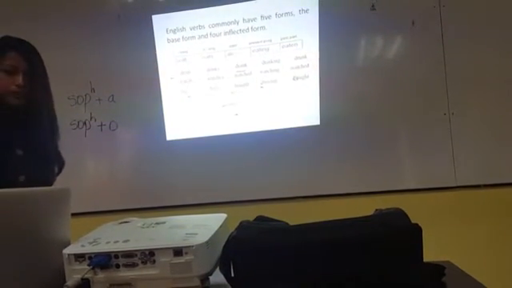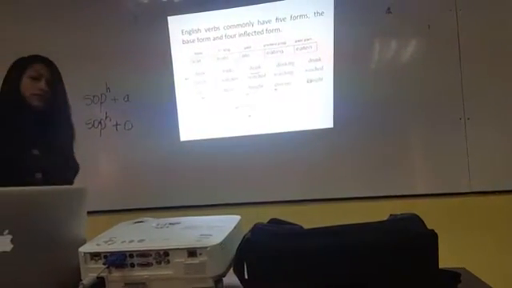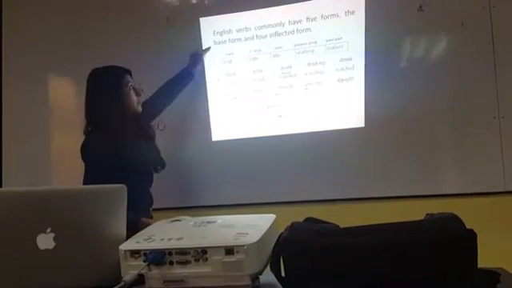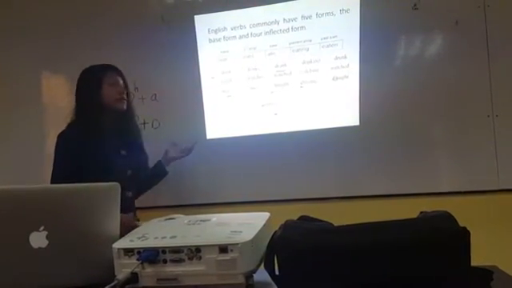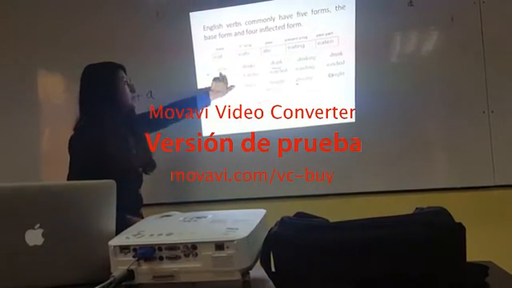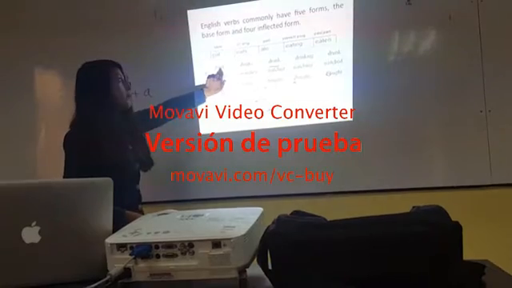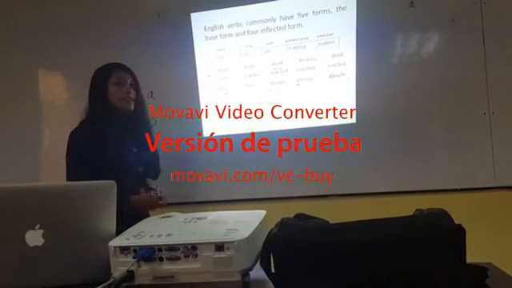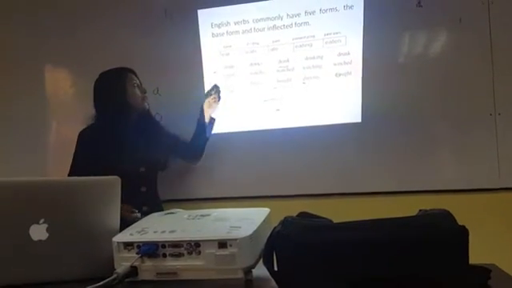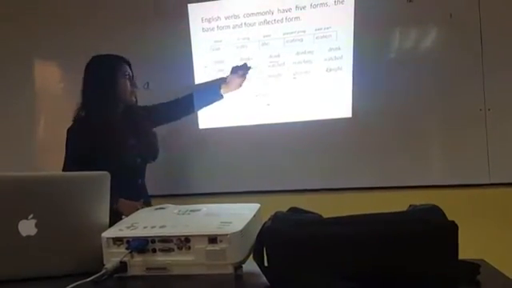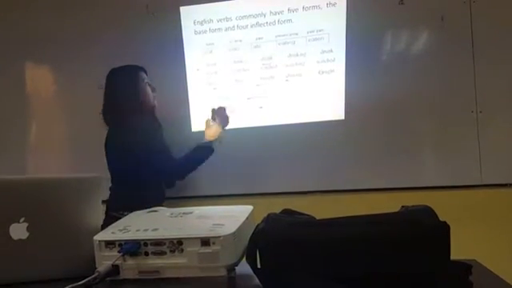Also, English verbs commonly have 5 forms. The first is the base form and the 4 inflected forms. For example, we have the base form, but there is the third person singular, where we add only the s.